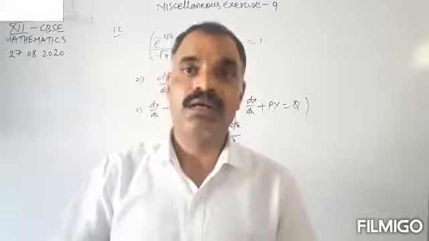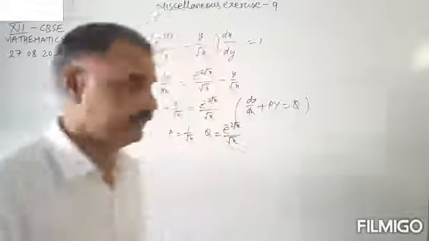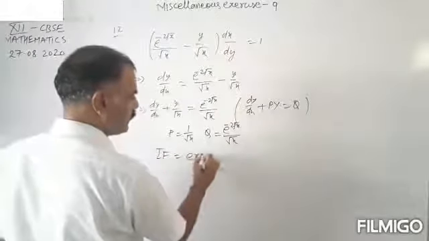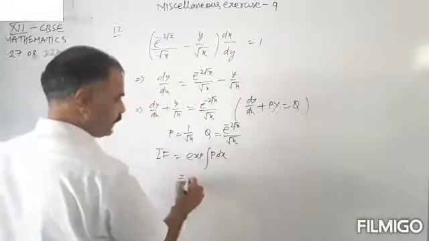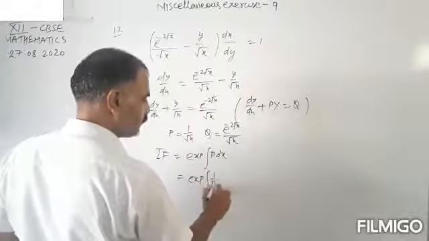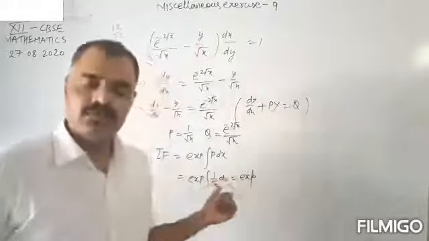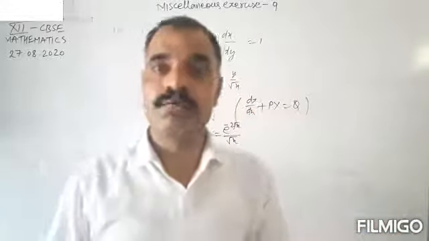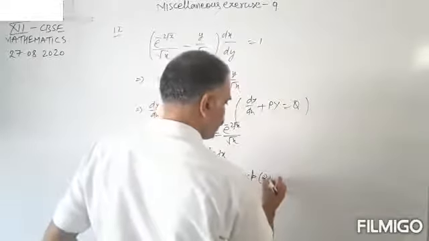When we solve the linear differential equation, we find the integrating factor, IF. So the integrating factor is exponential of the integration of p dx, that is exponential of the integration of 1 upon under root x dx, which is exponential of the integration of x to the power minus 1 by 2, that is x to the power 1 by 2 divided by 1 by 2, meaning 2 under root x.